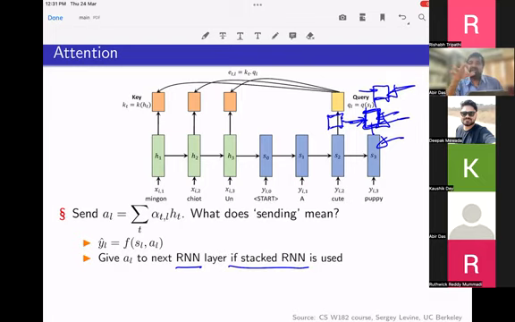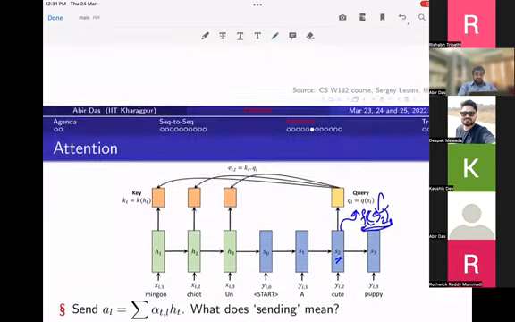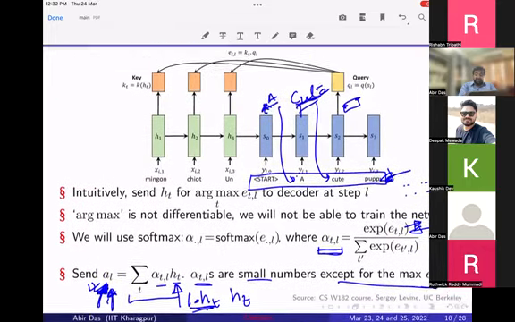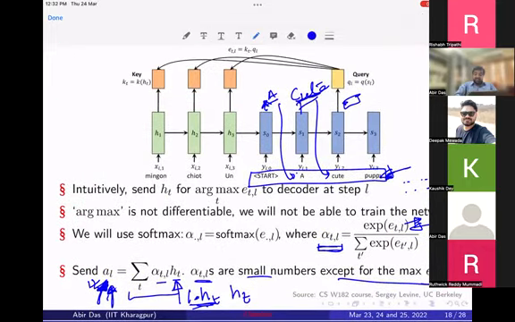You get some similarity. You combine the hidden states, input or encoder hidden states, weighted by this similarity, and you get one vector which is of the same length as these HTs. Remember, these alpha TLs are coming from ETLs, and ETLs are basically cosine similarity.